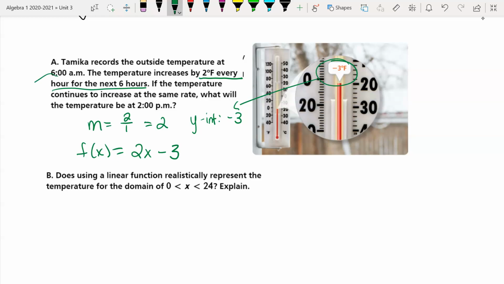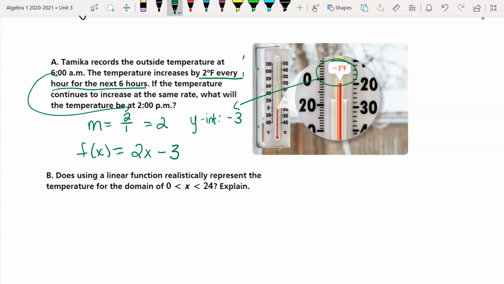Now, how long is it from 6 a.m. to 2 p.m.? Well, 6 to 7 would be 1, 7 to 8 would be 2 hours, 8 to 9 would be 3 hours, 9 to 10 would be 4 hours, 10 to 11 would be 5, 11 to noon would be 6, noon to 1 would be 7, 1 to 2 would be 8.